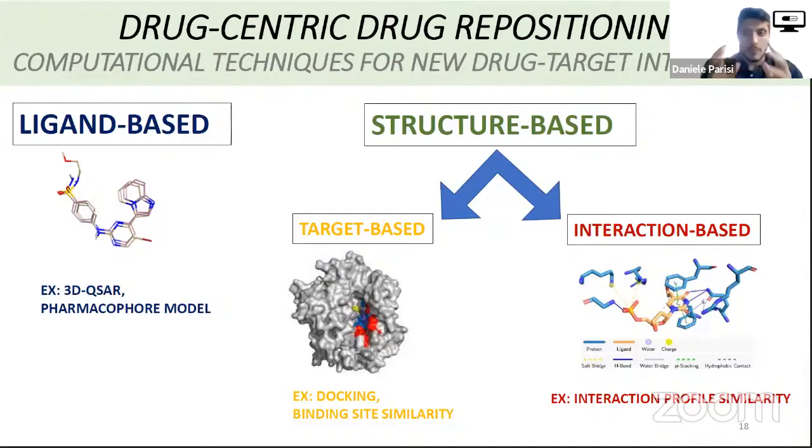This class of techniques is not necessarily connected with the three-dimensional structure of the target, but only with the interaction profile and the physicochemical interactions that link the ligand with the amino acids in the target, without strictly taking into account the sequence of the target, the three-dimensional structure of its residues, or even that of the ligand, but only the interaction environment between the two.